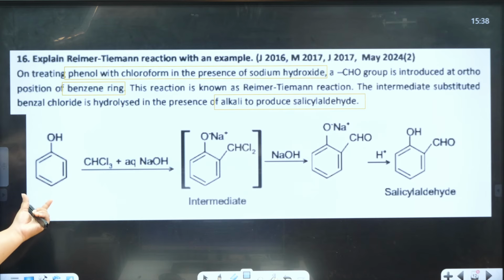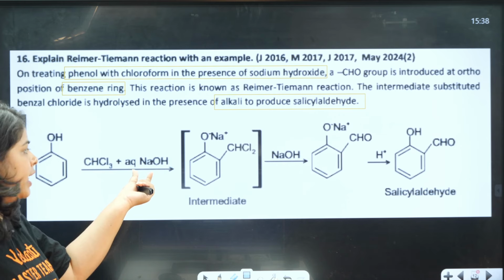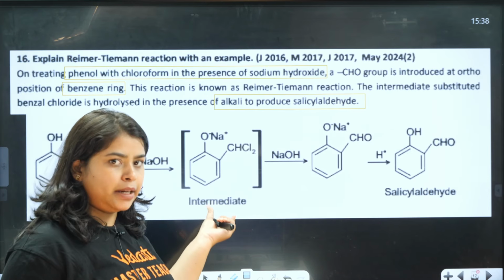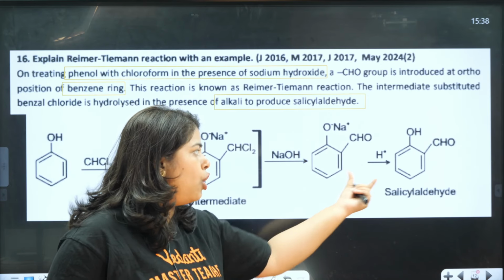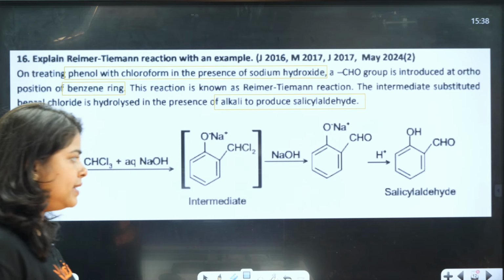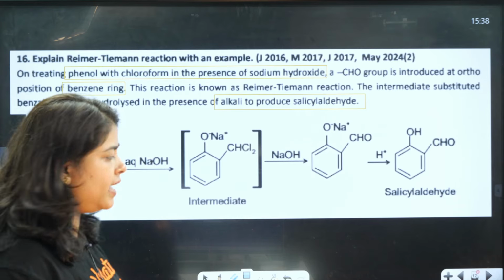Clear? So we have taken phenol and treated it with CHCl3 in the presence of aqueous NaOH. We get an intermediate, and then salicylaldehyde is obtained. We are just doing the dehydration here.